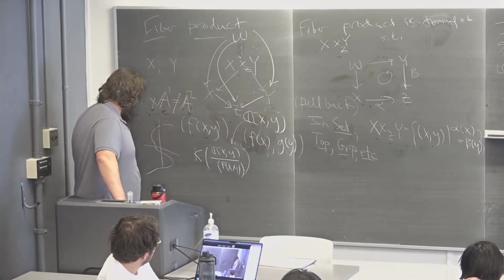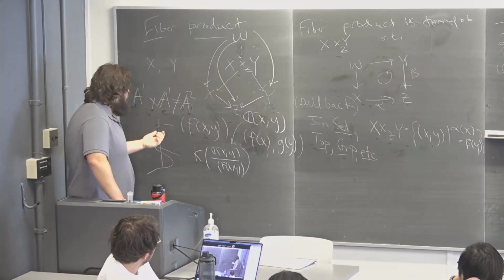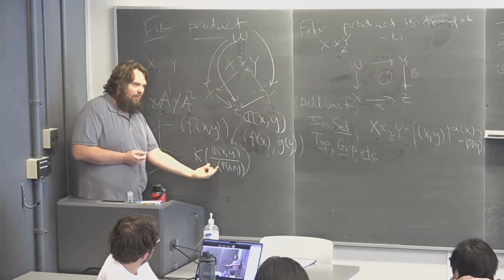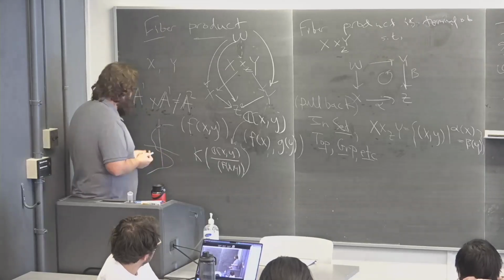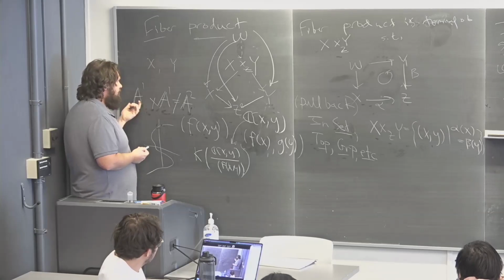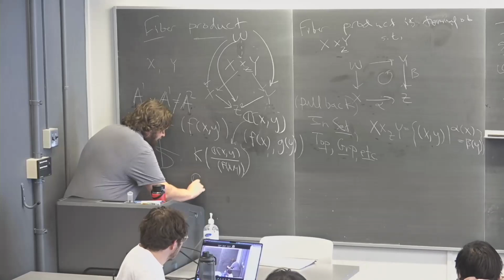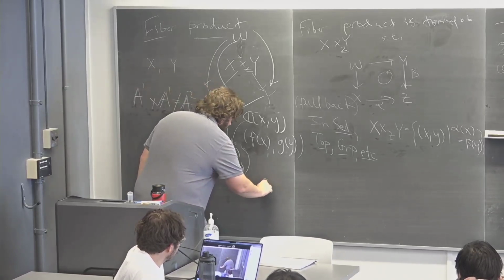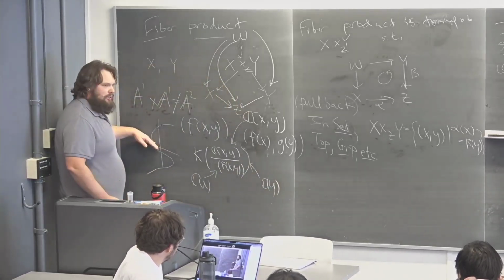And then, well, how would I think of that as a product of points in A1? Well, it would be a point in A1 over this field, right? So it would be a Hom from a point of the fraction field to a point of A1 in here. And what would those be? Well, it would be the map from rational functions on X into here, rational functions on Y into here, assuming this guy was generic enough.